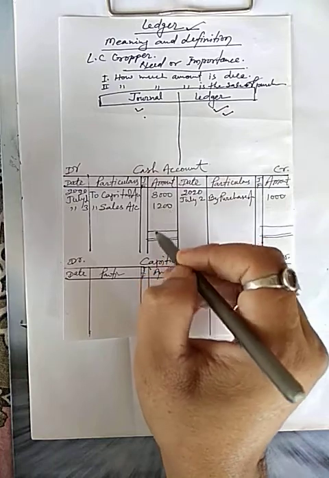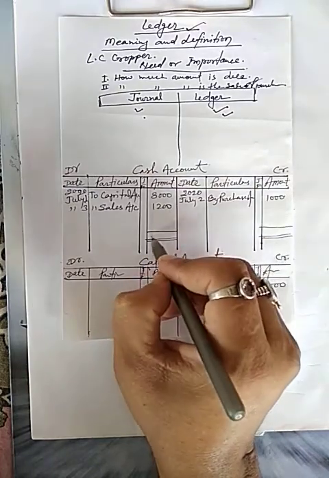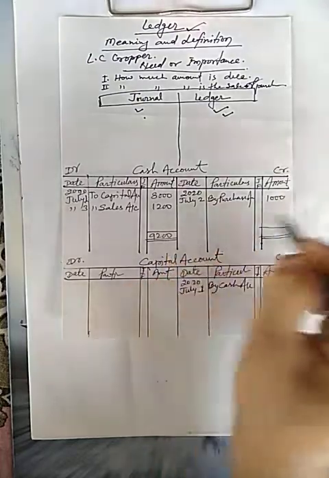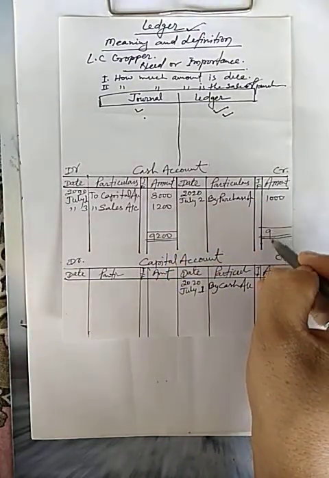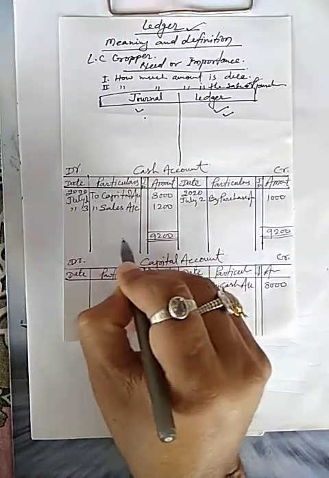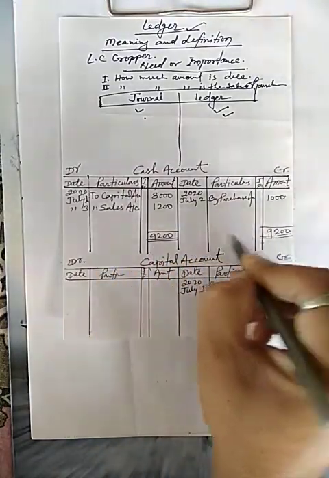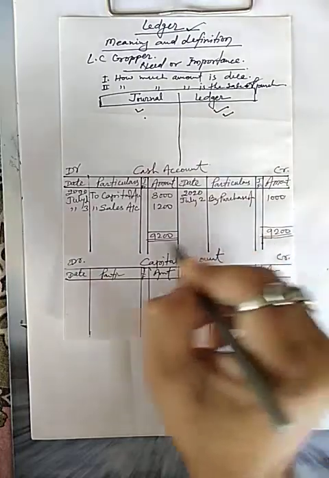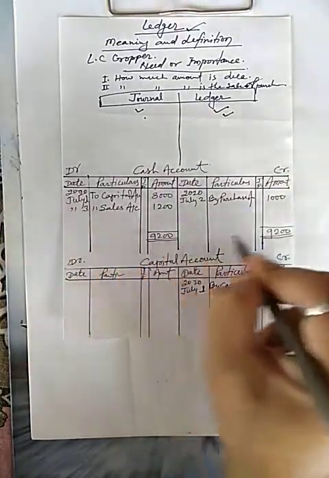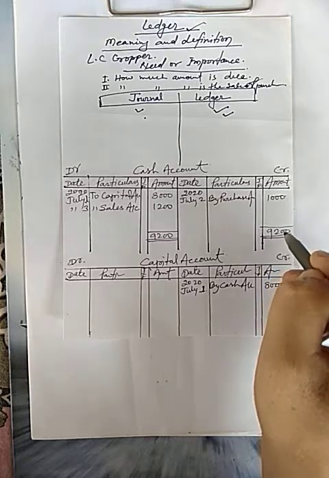So I will write in debit side total 9200, and also in credit side the same amount. The line will be straight.